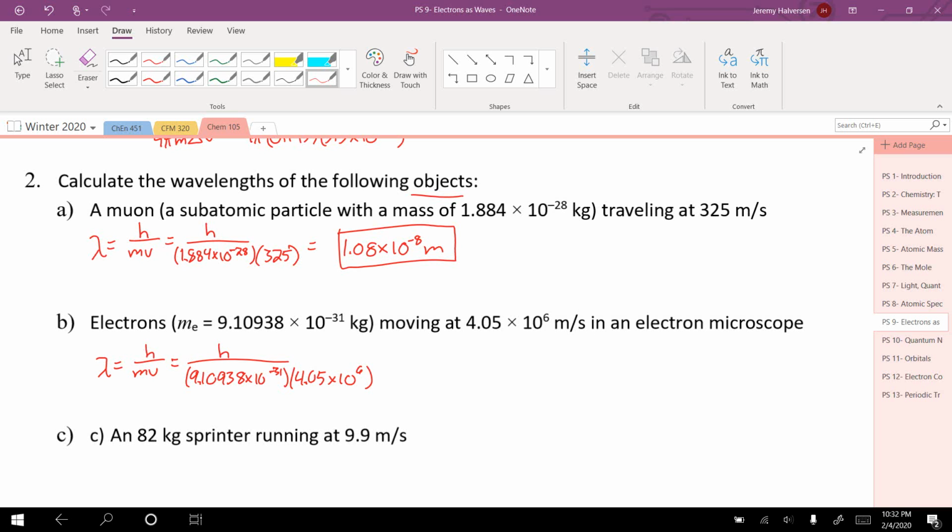That gives me a wavelength of 1.80 times 10 to the negative 10 meters.